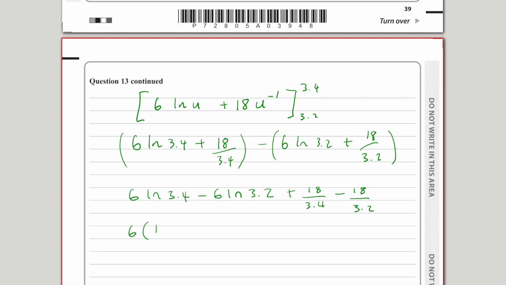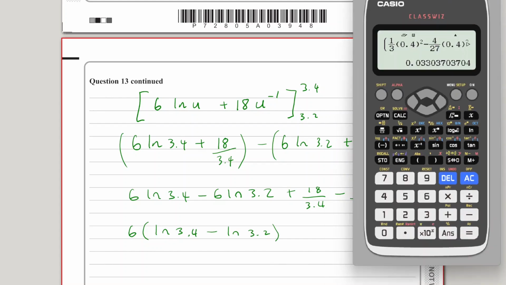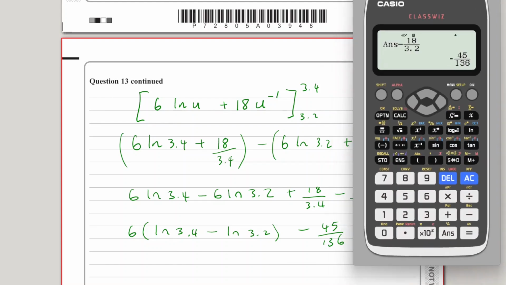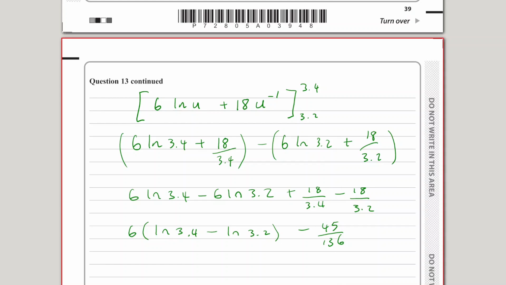So we've got 6 times log 3.4 minus log 3.2, and 18 over 3.4 minus 18 over 3.2 is minus 45 over 136. And then log 3.4 minus log 3.2, we can change the minus into a divide, which is 17/16. So we've got 6 log 17/16 minus 45 over 136.